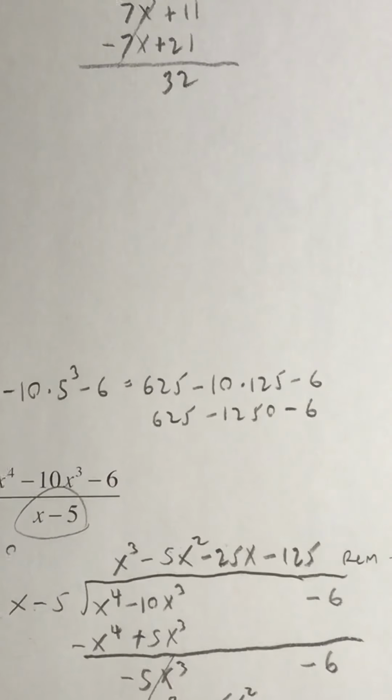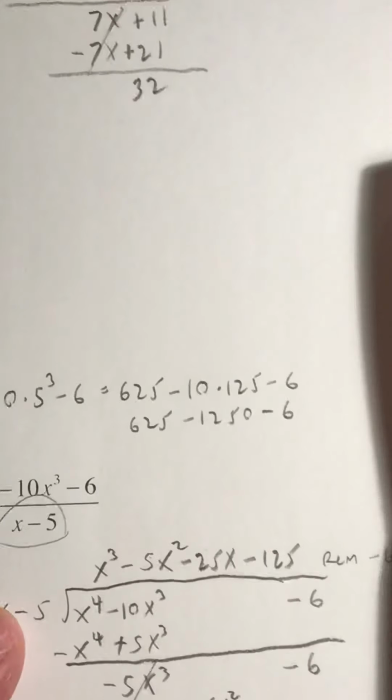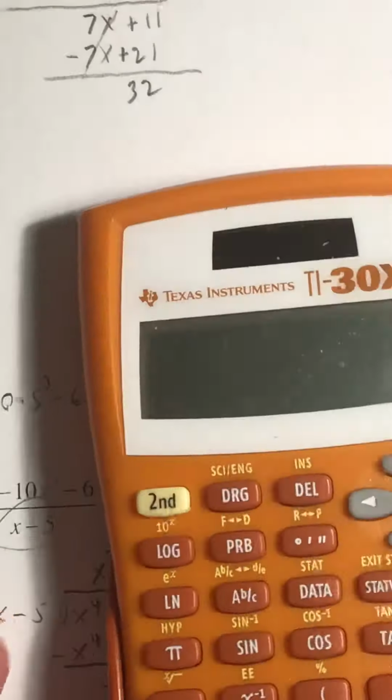Where is that calculator? I will turn it on. What did I have? 625 minus 1250 minus 6, and I get negative 631. Look familiar?